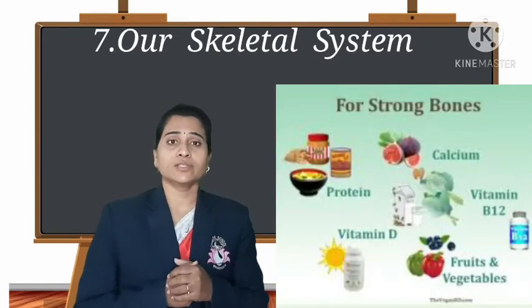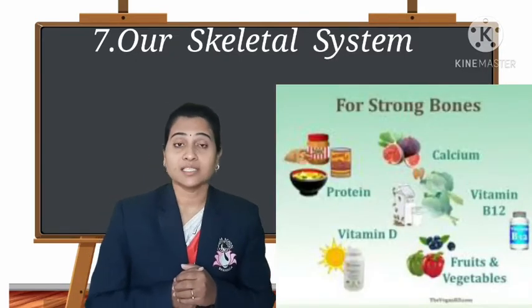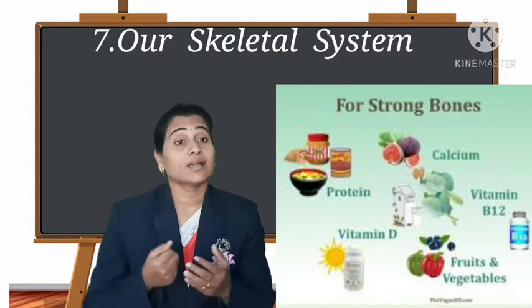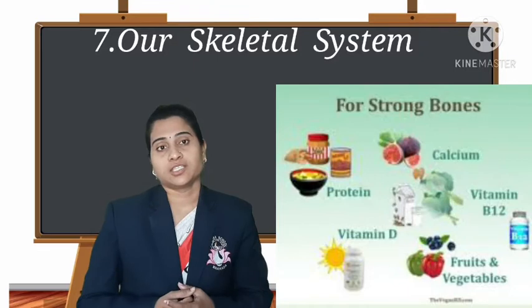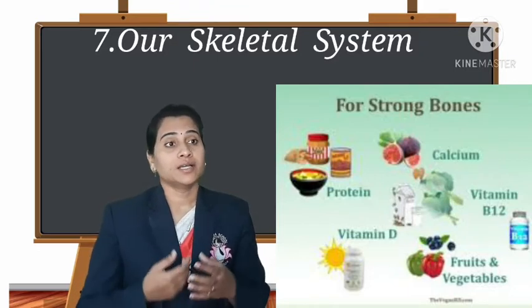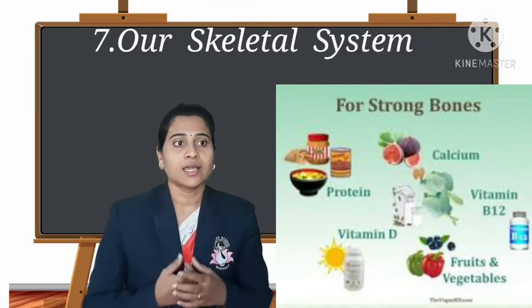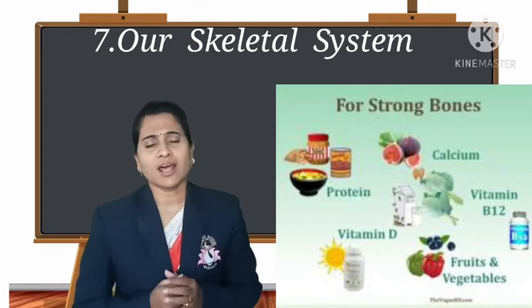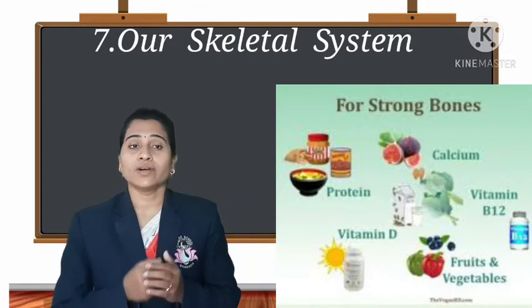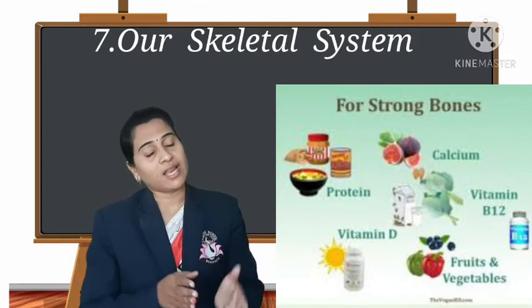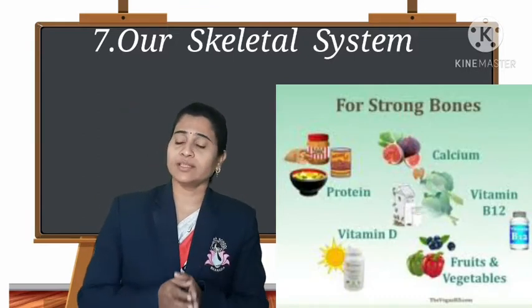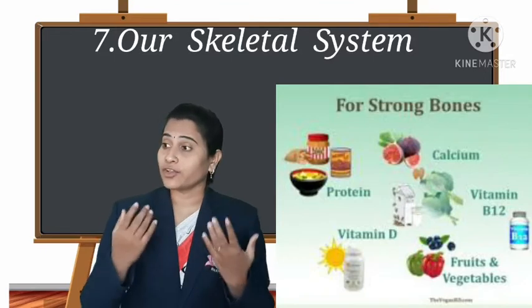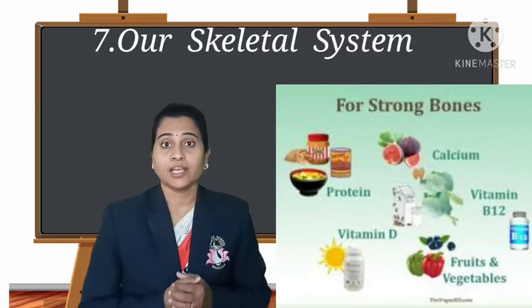Then what are those foods? Food items such as beans, gram, milk, cheese, wheat, eggs, fish, etc. All these food items are good for your muscles as well as for your bones. With that, you have to eat the different varieties of vegetables that are available. Now it is winter season.